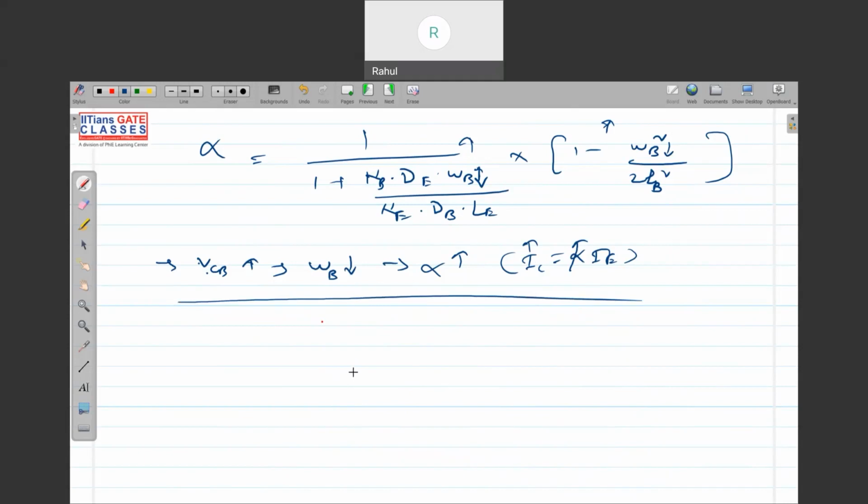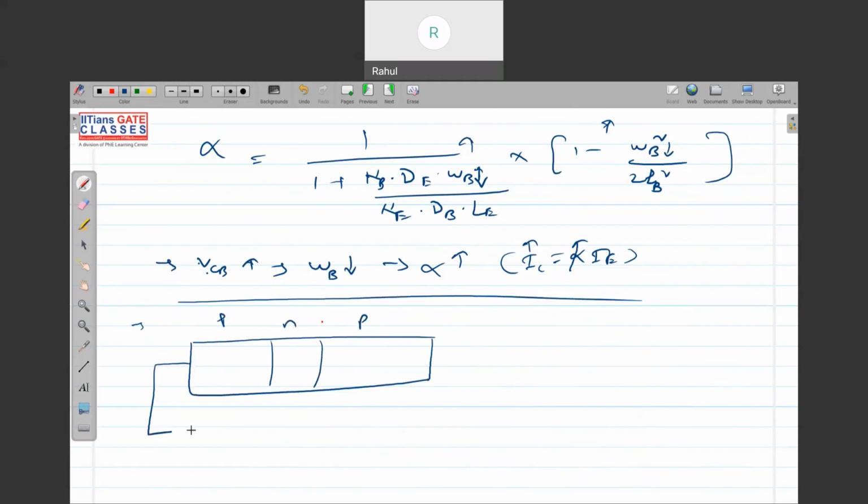So one thing is remaining. Till now, what we were discussing is a PNP transistor. We have given the input forward bias, and we try to give this reverse bias.